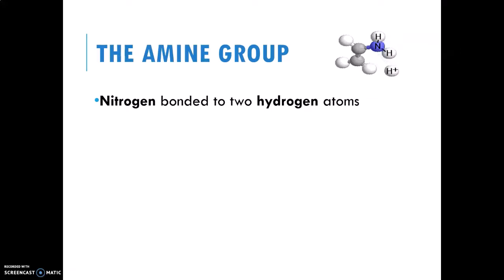And hopefully that sounds familiar to you from our discussion about acids and bases. We'll discuss that further in just a minute. Your symbol for the amine group is simply NH2. So the amine group is this nitrogen and two hydrogens before the hydrogen joins in. This H plus is an ion that is being attracted to the nitrogen, but it's not initially part of the group, which is NH2.